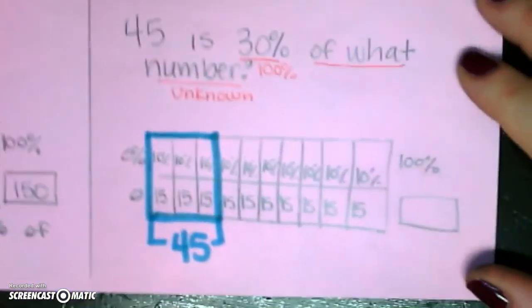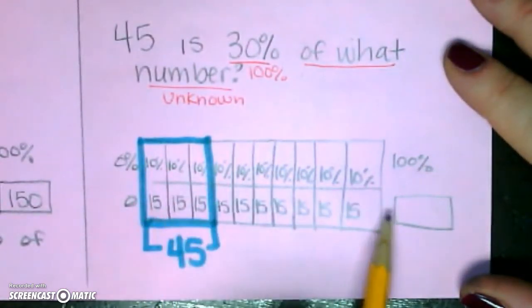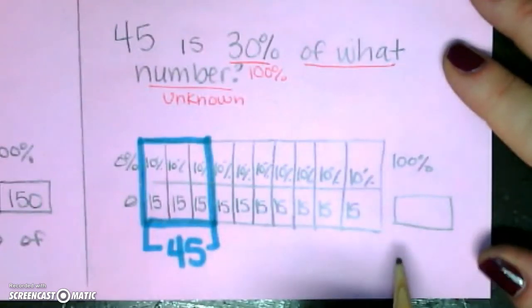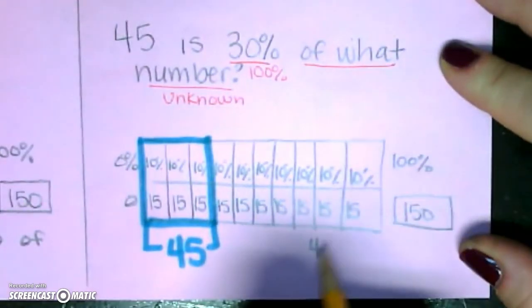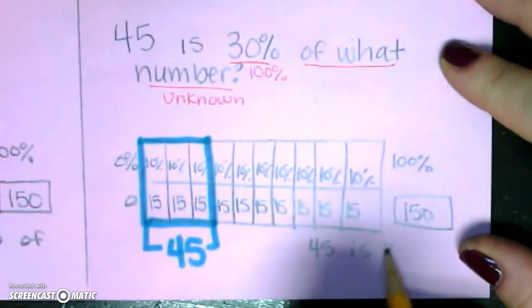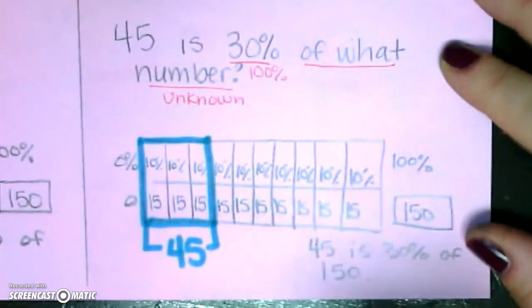That's kind of weird. It worked out just like the problem we did before. Here I have 10 pieces, and they're each worth 15. So 10 15s, or 15 plus itself 10 times, is 150. So 45 is 30% of 150. There you go.